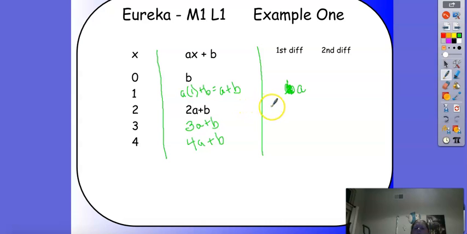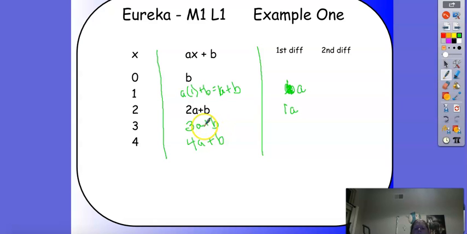Let's see, 2A minus A, I'm going to get 1A. Right? 2A minus 1A up here. The B's minus B, they cancel.